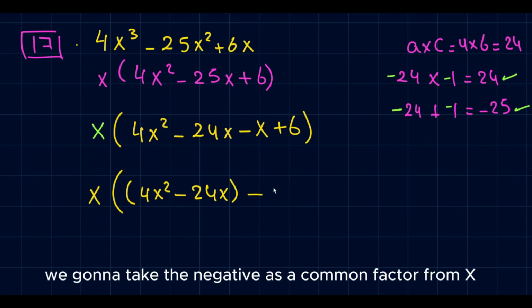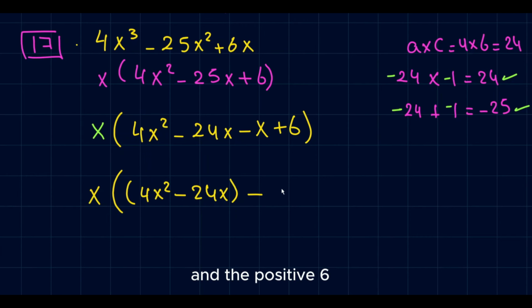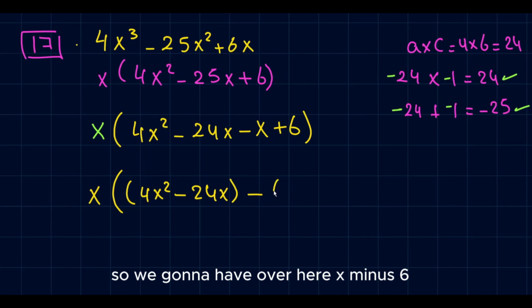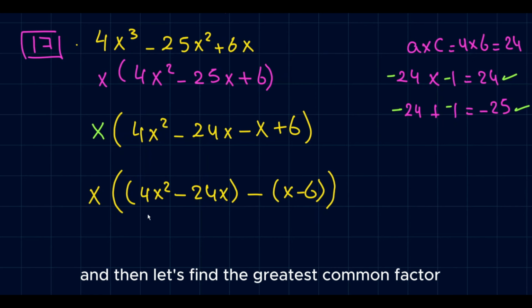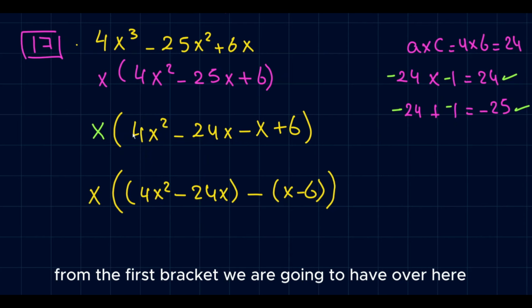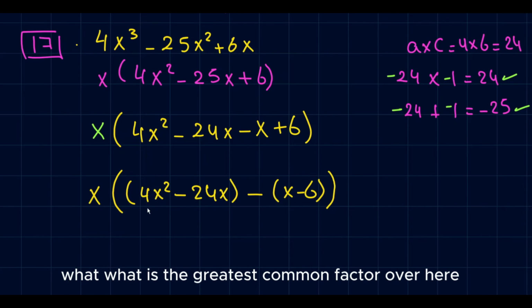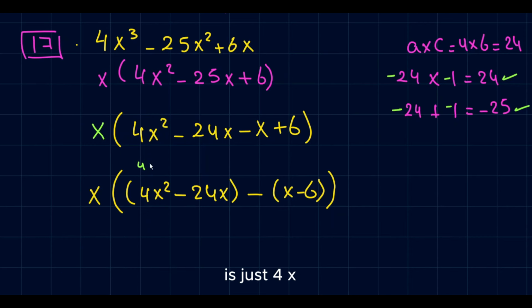We're gonna take the negative as a common factor from x and positive 6, so we're gonna have over here x minus 6, close this bracket, close the bigger bracket, and then let's find the greatest common factor from the first bracket. What is the greatest common factor over here is just 4x.